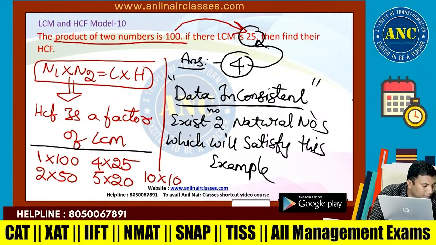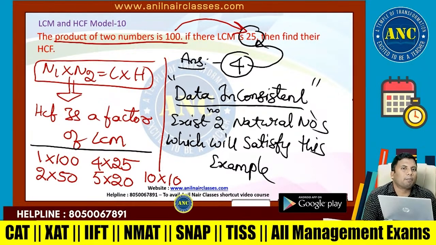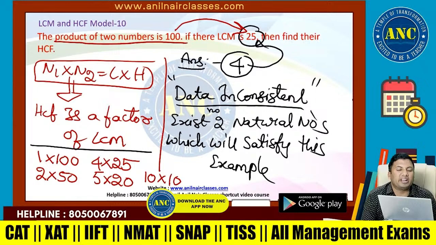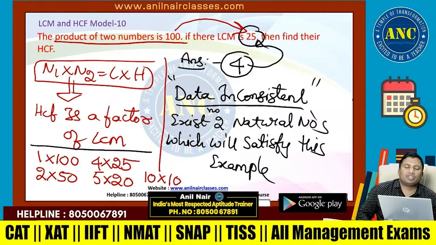What you know as the concept, that the product of two natural numbers is LCM into HCF, is not a complete concept. The complete concept is that, to satisfy that, HCF should be a factor of LCM.